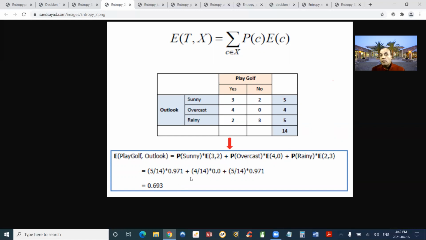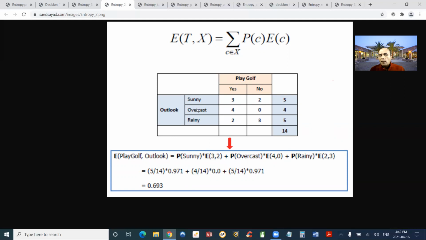What does that mean? It means that if you consider outlook, considering the dependent variable play golf, where the yes and no's would be important to you, you basically are closer to making a decision. Take a look at this.